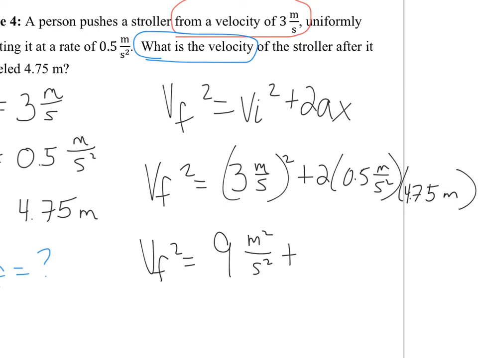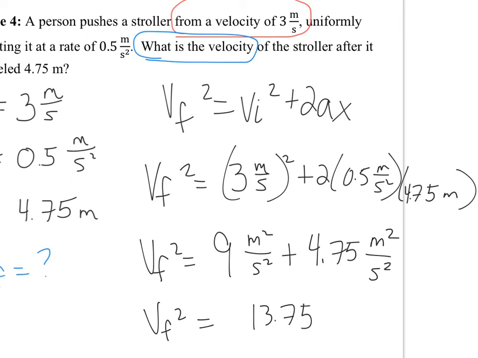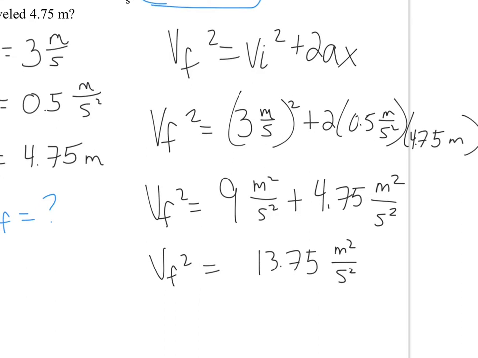Two times a half is just 1. That's easy. Okay, now I add those numbers together, which gives me 13.75 meters squared per second squared. But I have to recognize that those units are all squared and annoying because my value on the left is also squared. So I get rid of a square by doing what again?